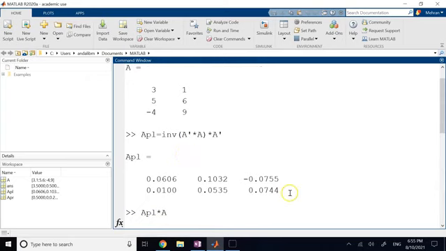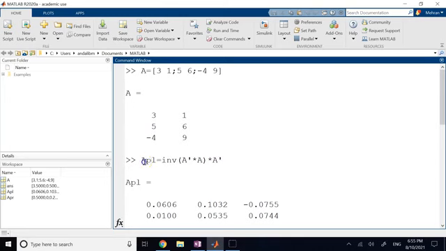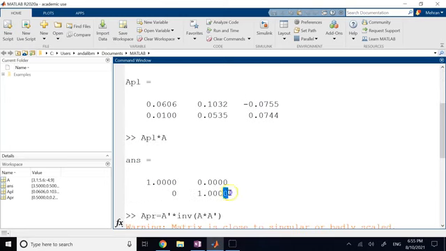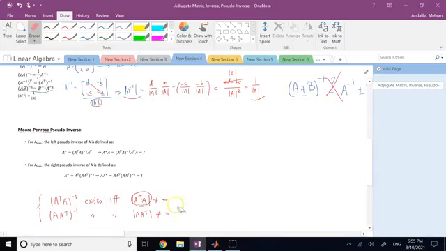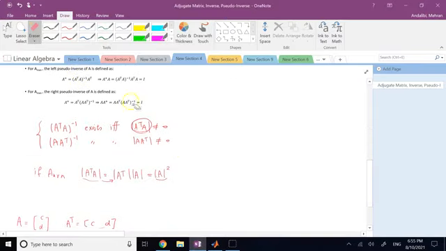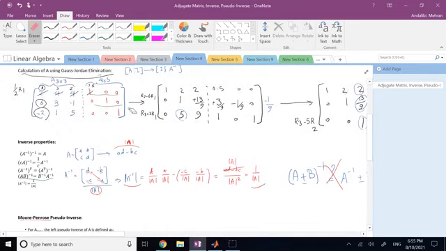In this previous case, you see, we did not have any problem when we did the left pseudo-inverse and we got this, but definitely not the right one. Okay, so please just keep that in mind, that not always these guys exist.